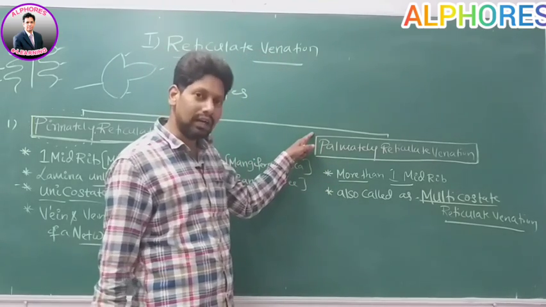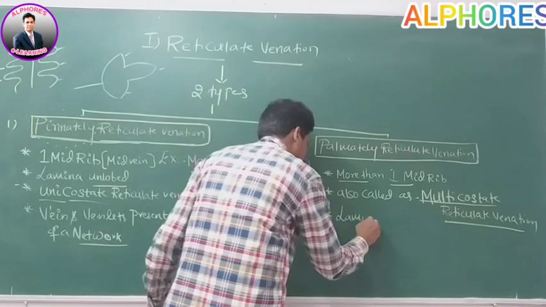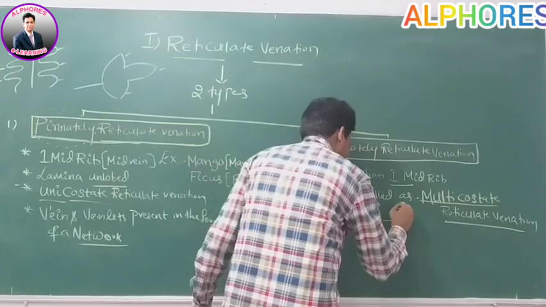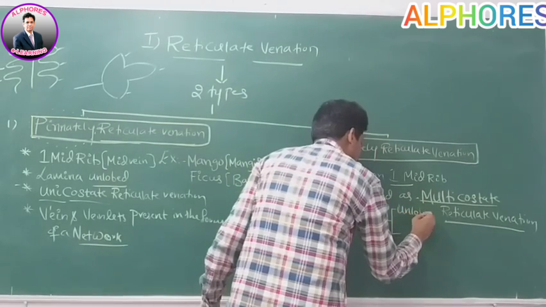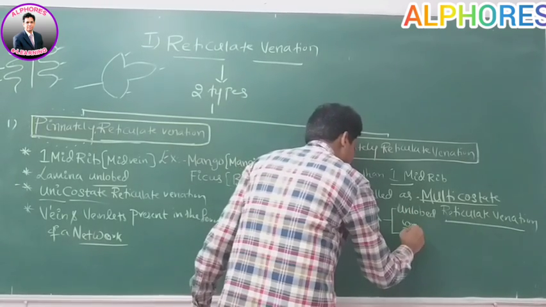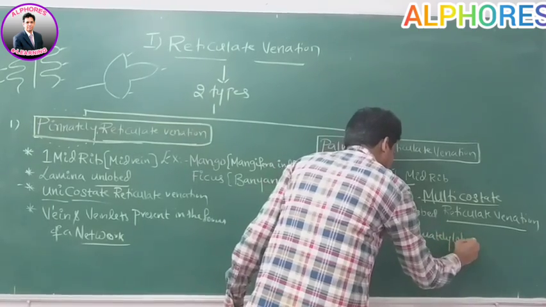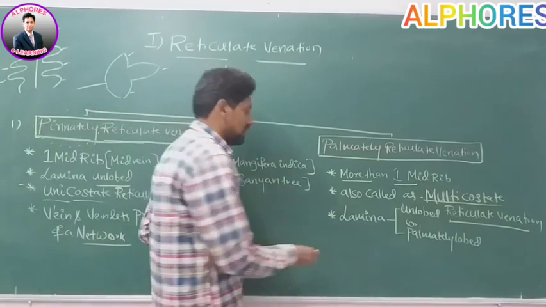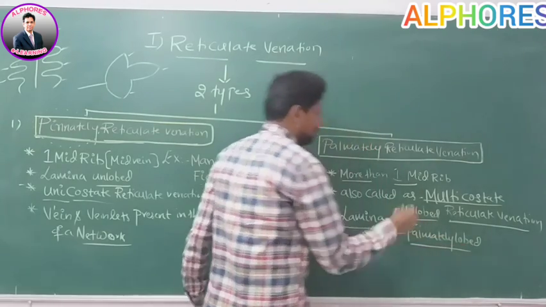How is it lobed, sir? Palmately lobed. Therefore, sir, lamina is either unlobed or palmately lobed.